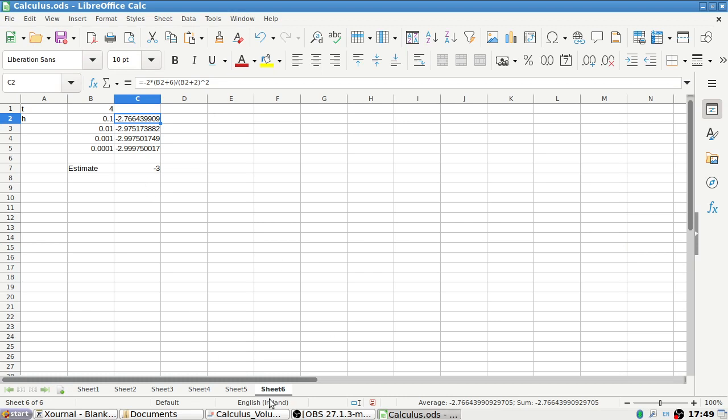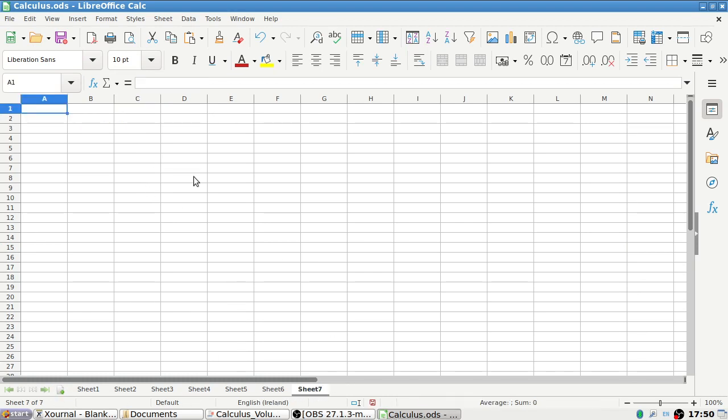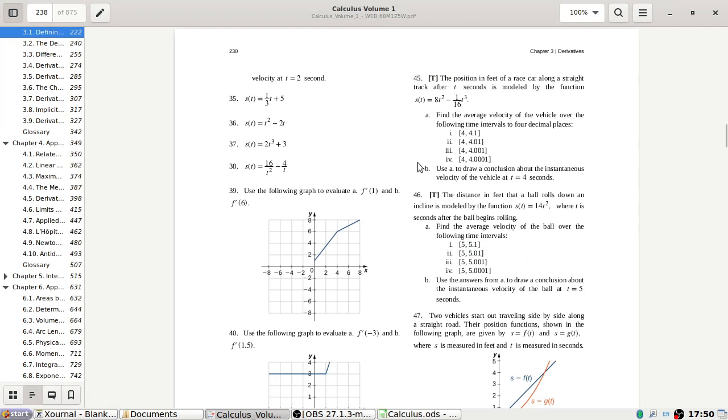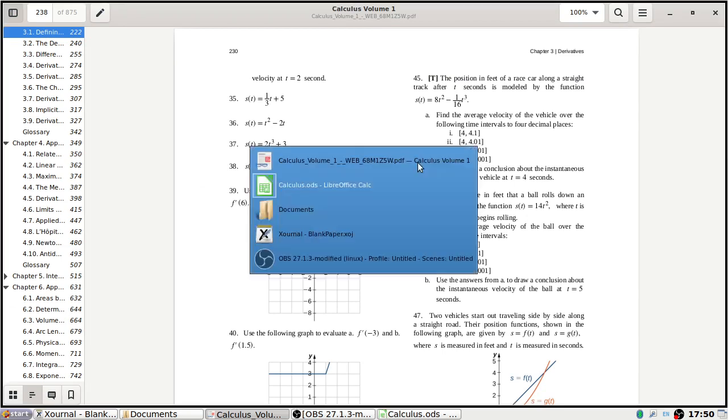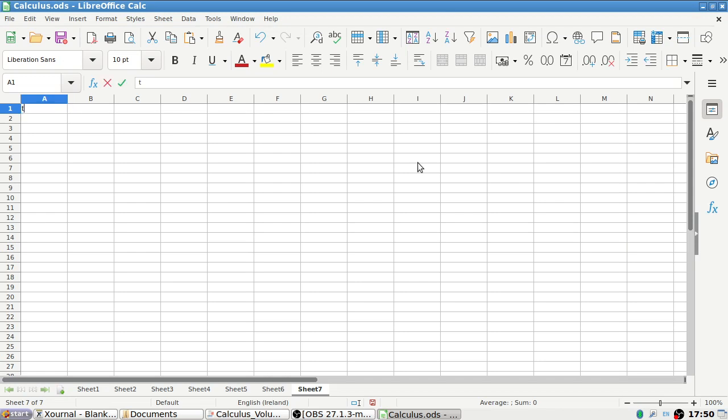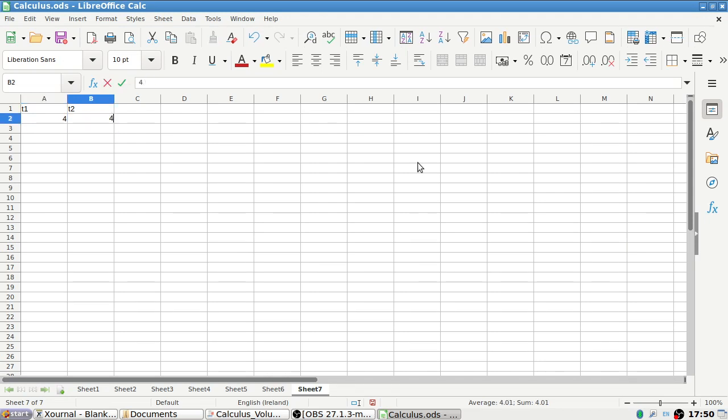So what I'll do, I'll make a new sheet. Yeah, we have to calculate the derivative. Okay, so we'll have time t1 and t2, and it's 4 and 4.01. No, 4.1.